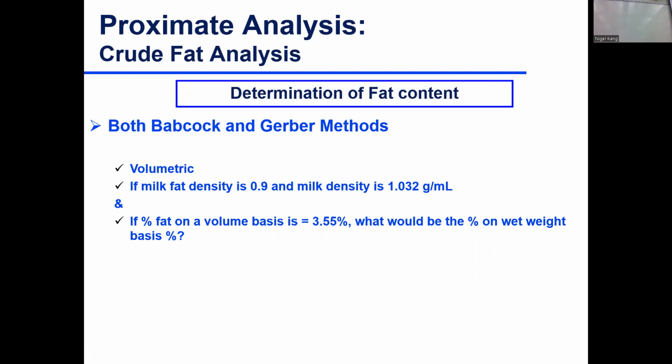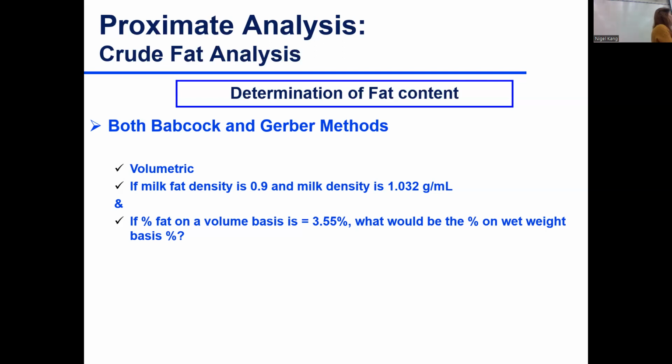If milk fat density is 0.9 and milk density is 1.032 gram per ml, and if the fat percentage on a volume basis equals 3.55%, what would be the percentage of fat based on wet basis?